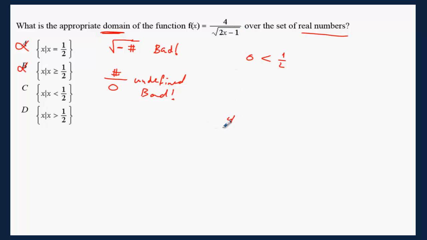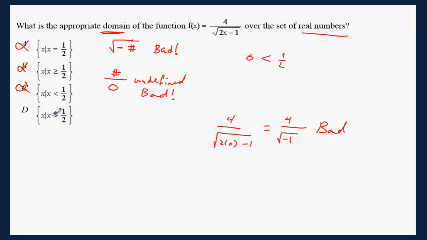This scenario is going to be 4 over square root of 2 times 0 minus 1, and that's going to be 4 over square root of negative 1. Okay, you have a square root of a negative number, and this is bad. It does not work. So C is not going to work.